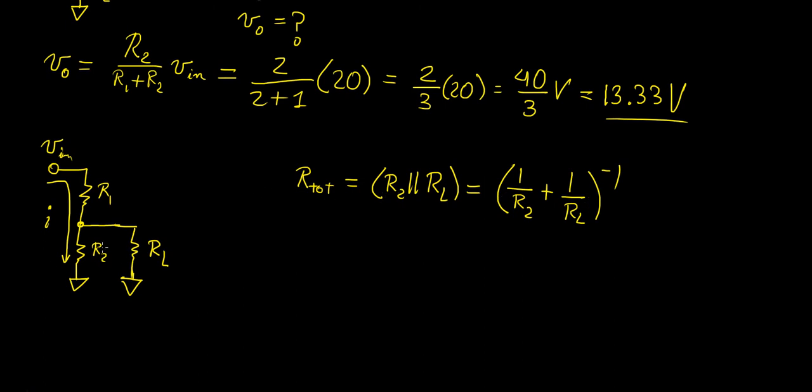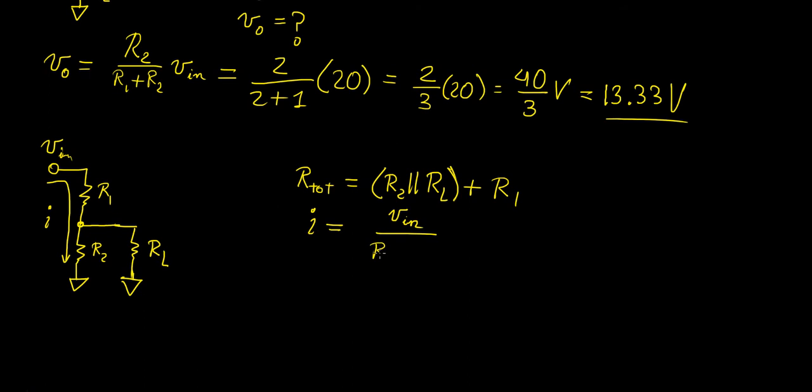But we're going to have to add to this the resistor over here, so that's R1. So for the total resistance, the current is going to be equal to the total voltage, which in this case is just V in, divided by R1 plus R2 parallel with RL. That's essentially what our current is going to be.